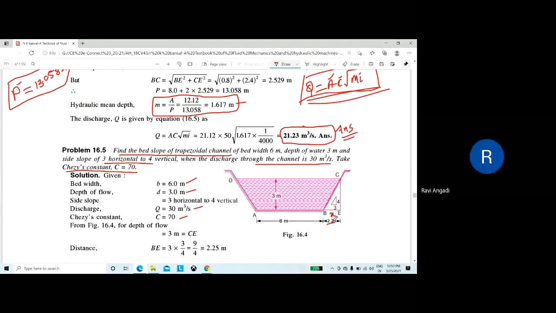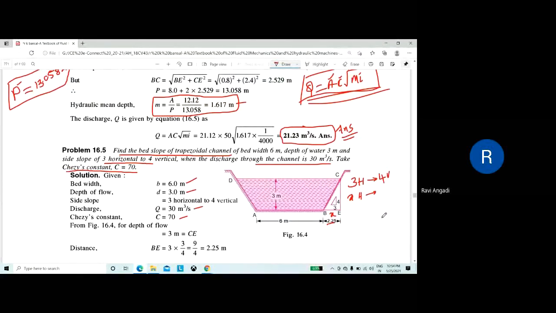What is the value of X you get here? Like the previous problem, you have to calculate X, because here the side slope is given. For 3 horizontal, what is the vertical given? 4 is the vertical. Then for X horizontal, what is the vertical?